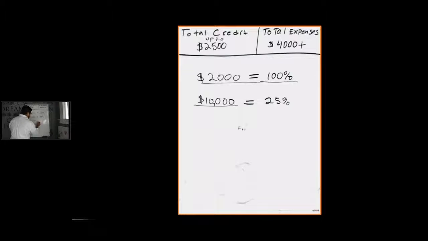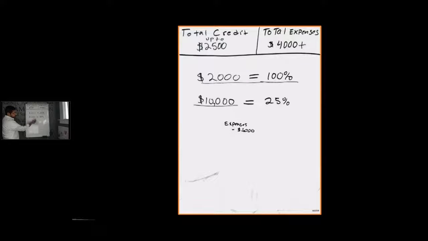Because I spent $12,000, right? So now the IRS says, okay, out of the other 10,000, I'm only going to see 25%. So you can say 10,000 times 25% equals 2,500 bucks, right? So your expenses here are 2,500 bucks for the other.